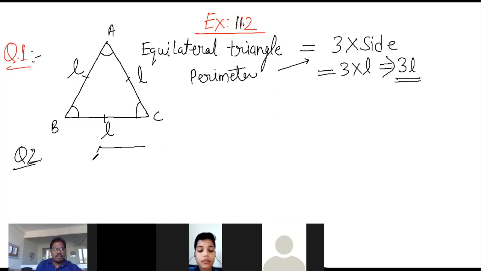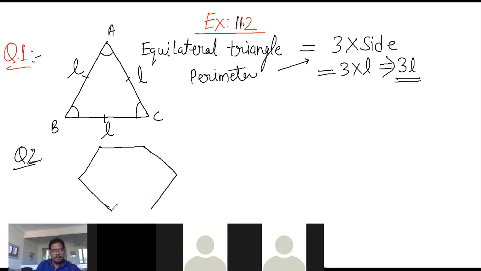I will try to make a hexagon. Suppose this is a regular hexagon, so all its sides will be equal. Its side is given to us as L. All the sides will be L.